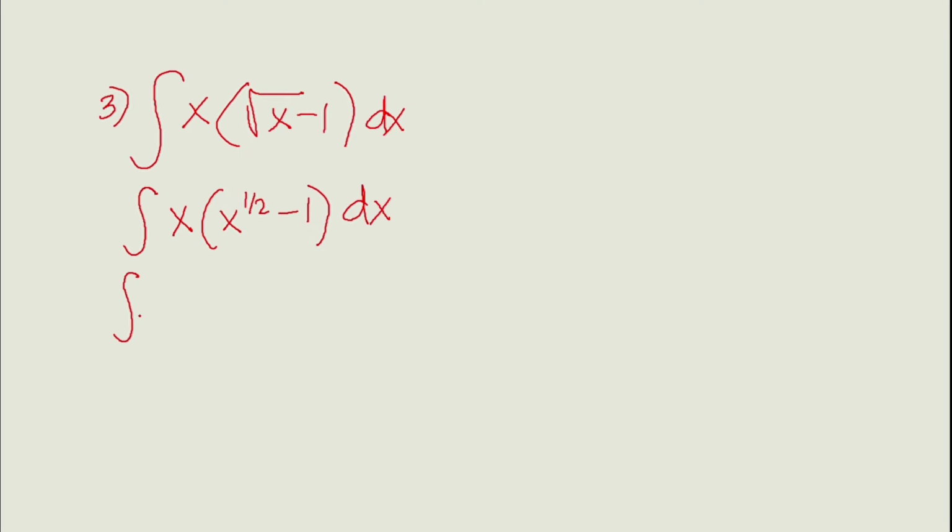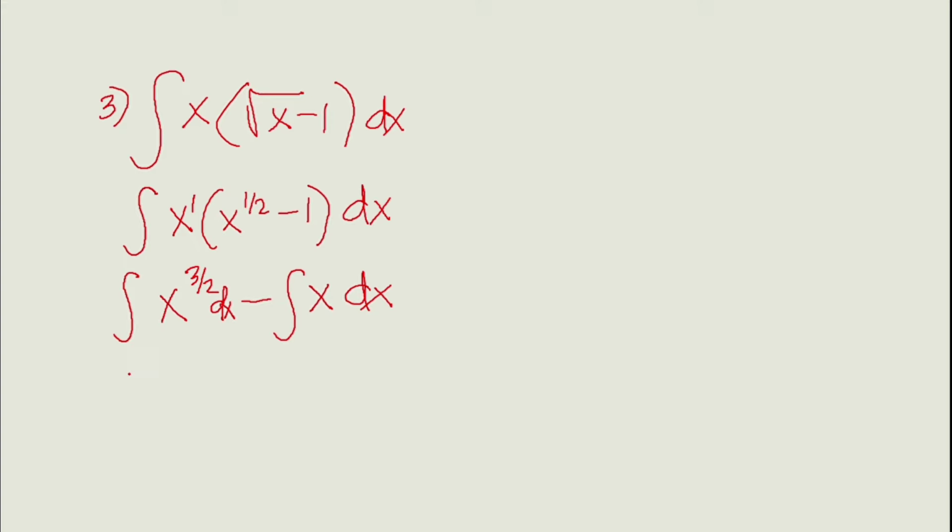So the integral of x raised to 1/2 plus 1, the exponent is 1 here, so we have x raised to 3/2 minus the integral of x dx, by the use of I2.